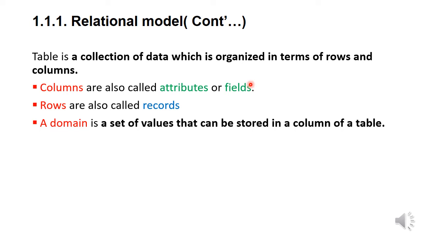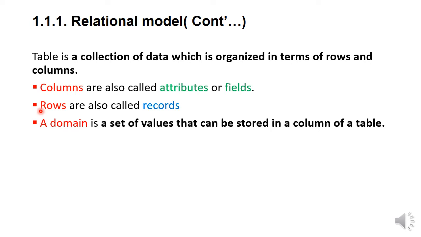What is a domain? Remember that each table consists of columns and rows, where each column has its specific name, and the intersection of a column and a row is what we call a data set.